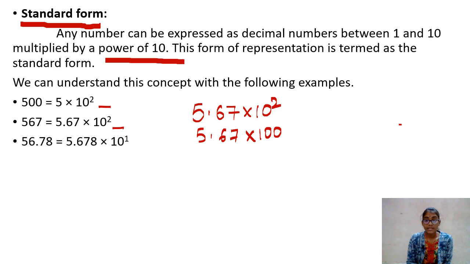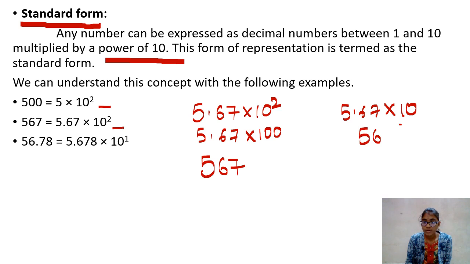If you multiply this decimal number with 100, the point will go afterwards. If you multiply 5.67 by 10, the number becomes 56.7.